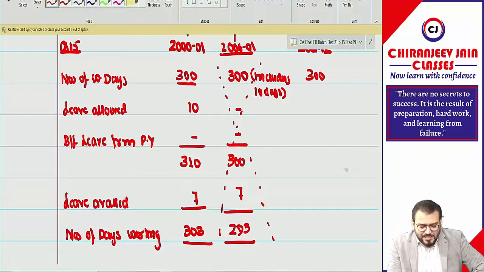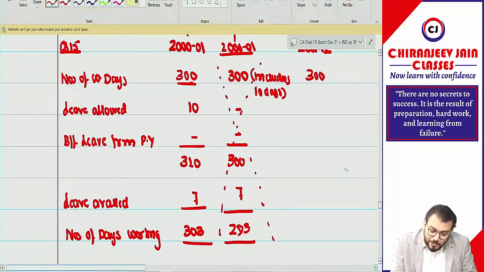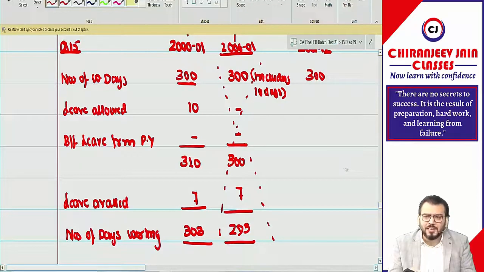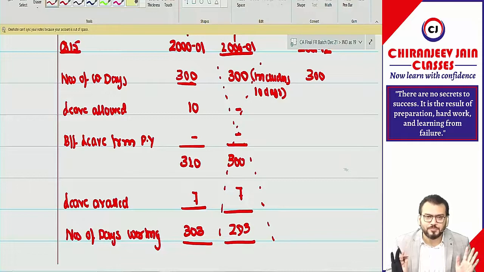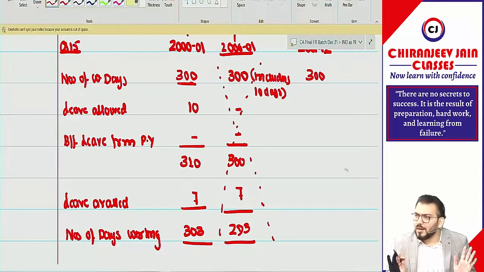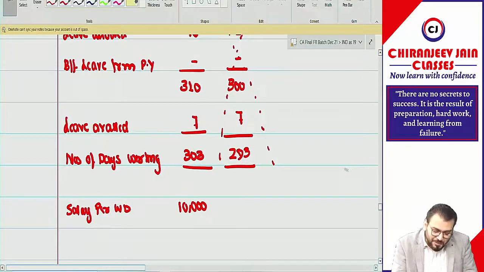I think there is some mistake there. If you are saying 300 including 10 days, then actually your number of working days will be 290, and salary per working day should be 30 lakh divided by 290. Let me first do as per mine, then I will explain conceptually why the ICAI answer is wrong.